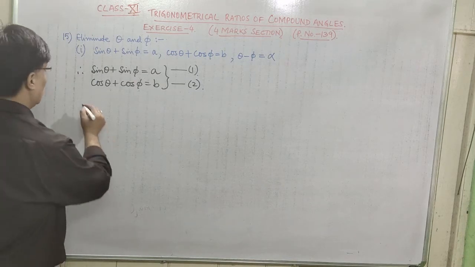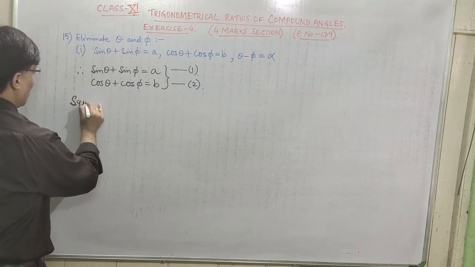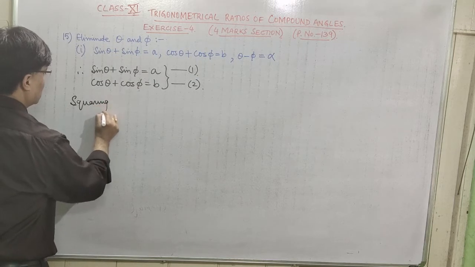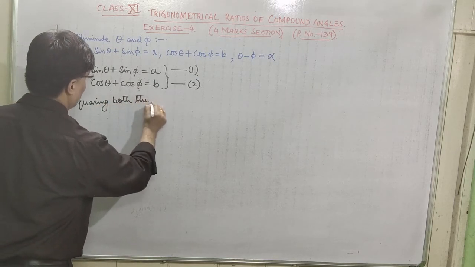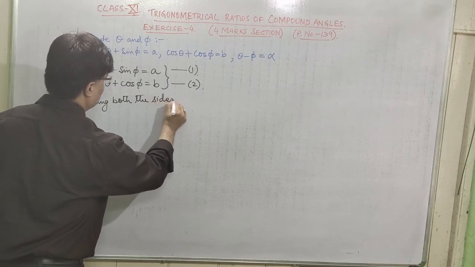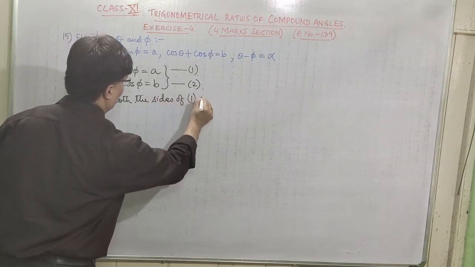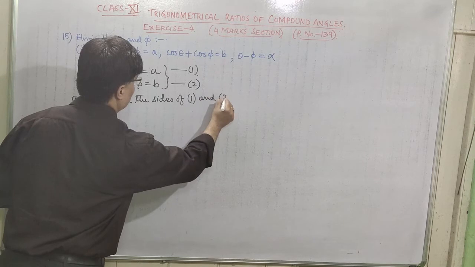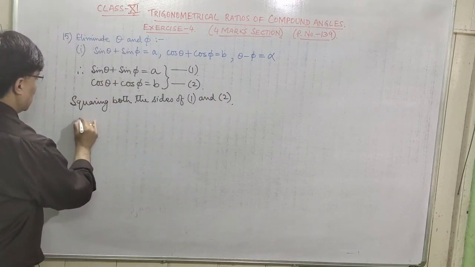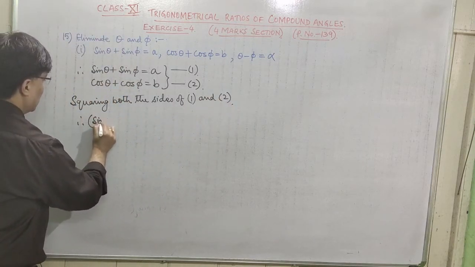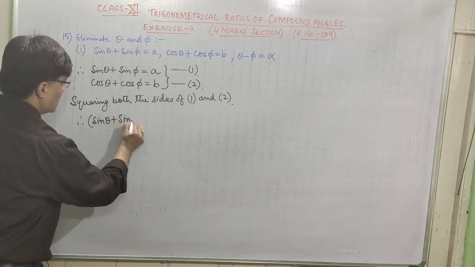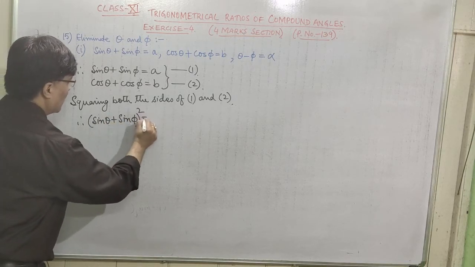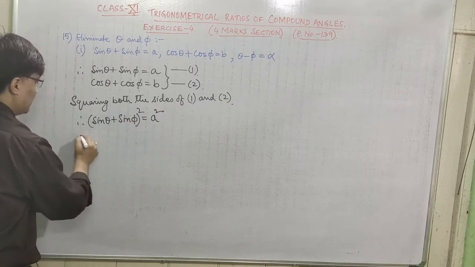So let us write here, squaring both the sides of 1 and 2. What do we get? This is sin theta plus sin phi whole square is equal to A square.